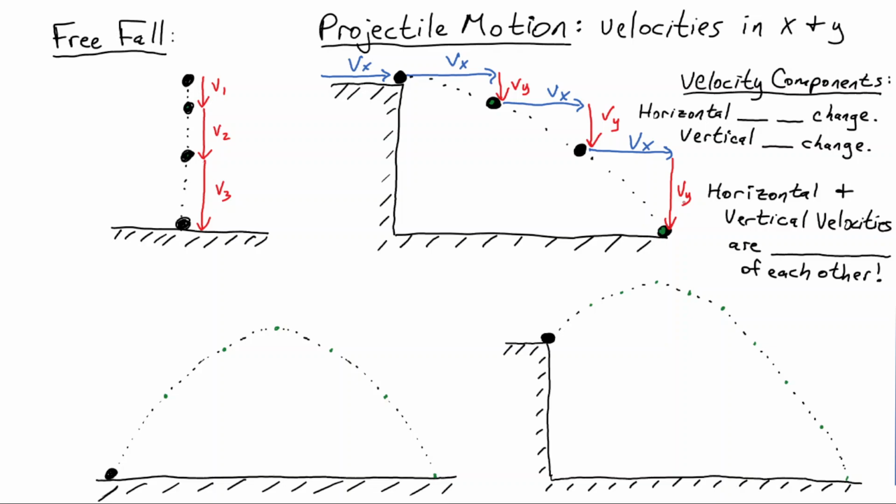And let me ask you this. What do you notice about the velocities in the x direction? You might have noticed that they're the same throughout the entire trajectory. And that's true. And why is that true? In the y direction, we know that there's the force due to gravity acting on the object.